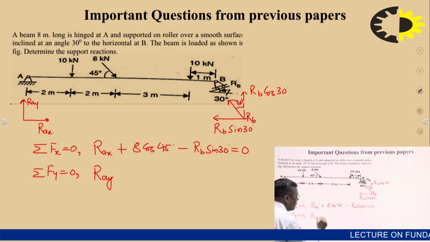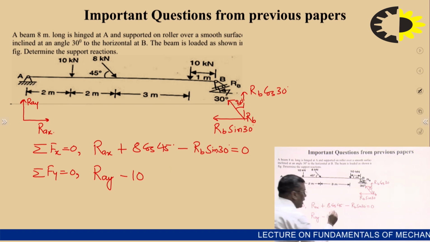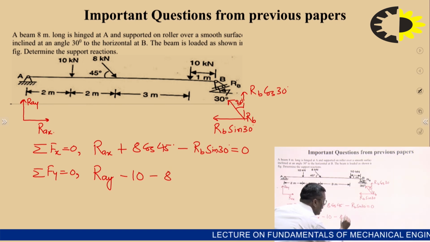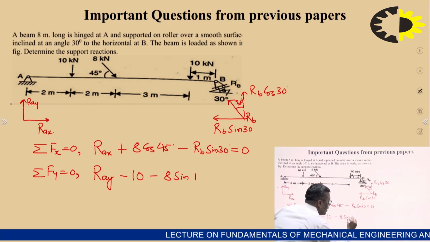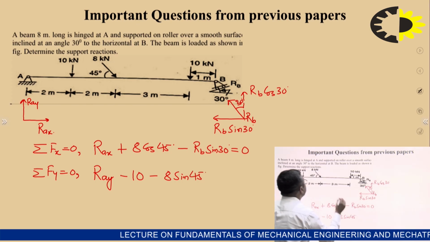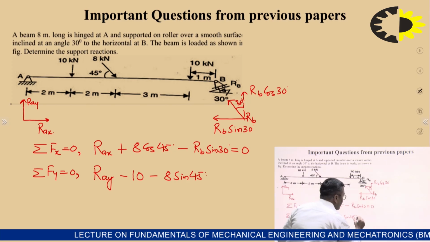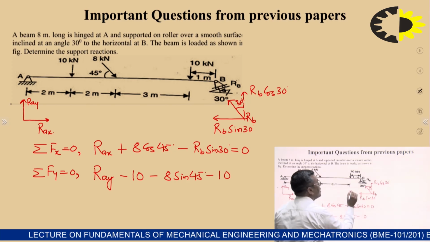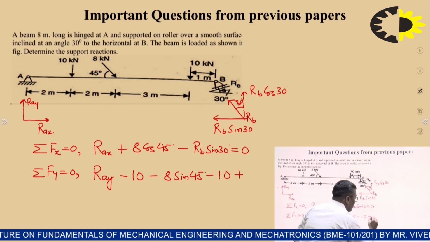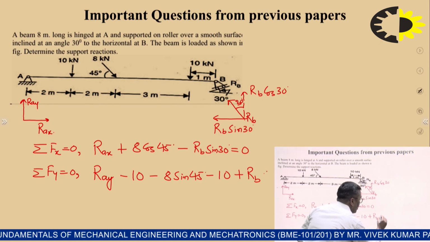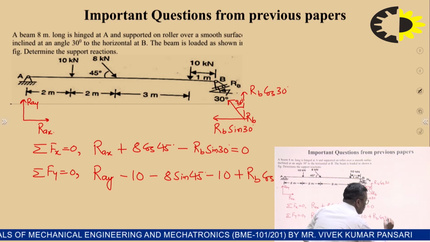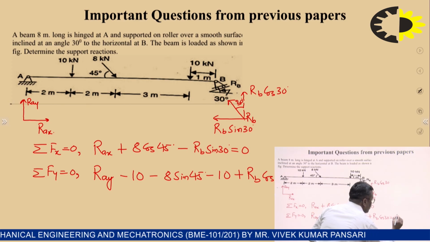Then minus 10, which is downward, minus 8 sin 45, minus 10, plus RB cos 30 equals 0.